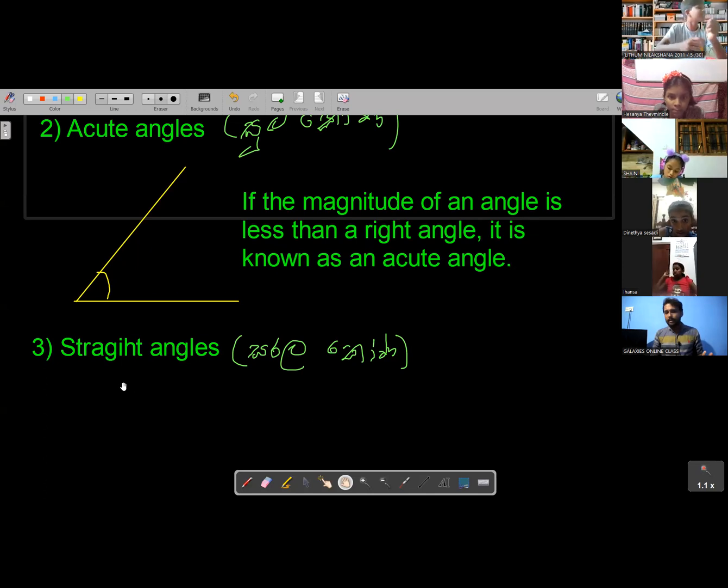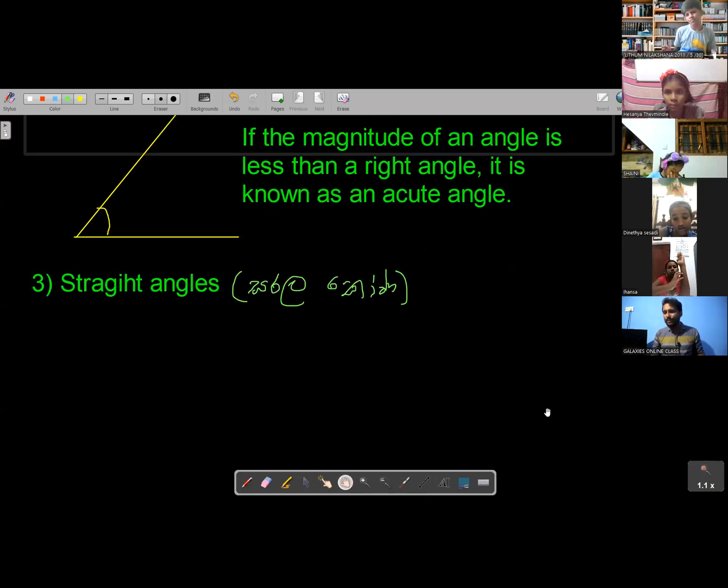Right. Now look at what is the shape of a straight angle. It is very easy. Straight line, I think you remember, no? Straight angles mean like that, okay? Look at how I can draw it. That's the one arm.